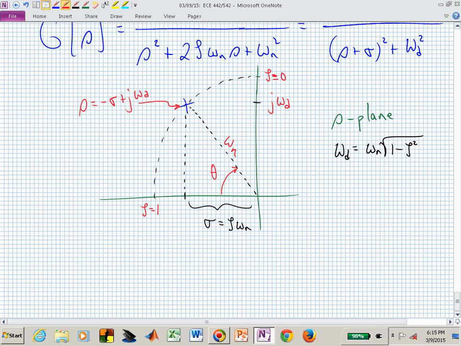If we let zeta equal 0, our relationship between omega sub d and omega sub n, they become equal. The natural frequency, the distance away from the origin, is the same when zeta is equal to 0. Omega sub d and omega sub n become the same.